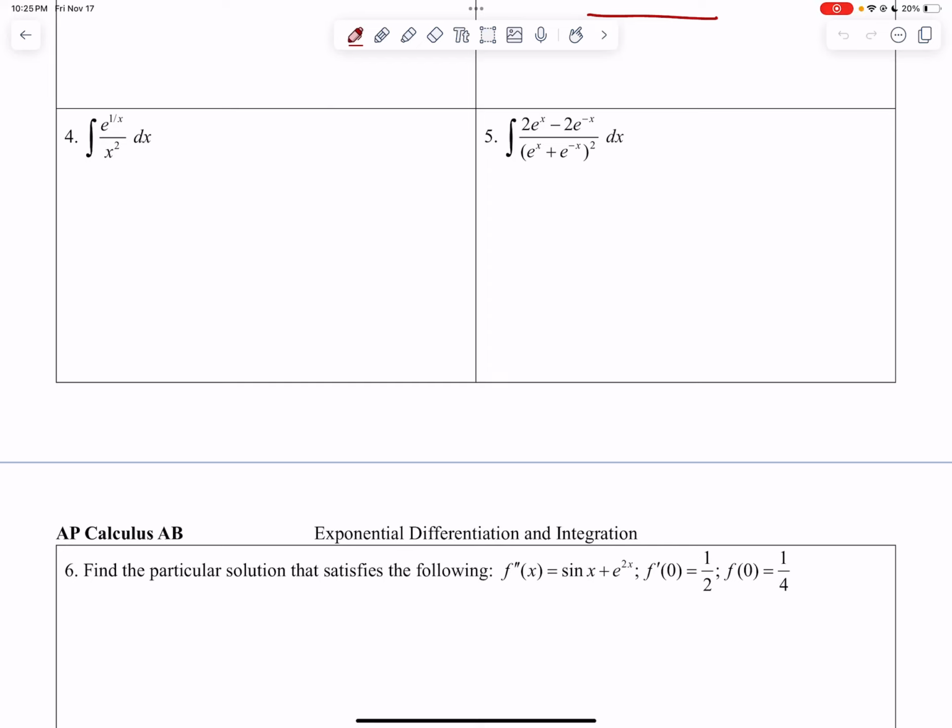Alrighty, in this video we are going to be talking about exponential integration and how to go about this. Once again, for this video, we are going to be using U substitution, but remember that U substitution is just going to be a game of guessing and checking on what your U is.